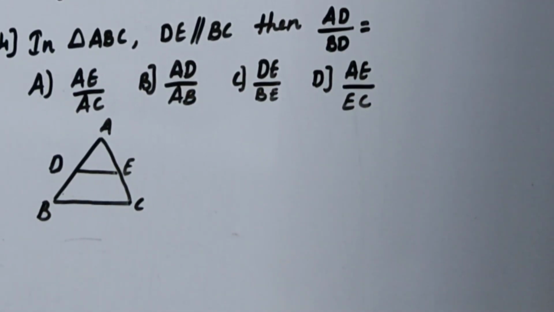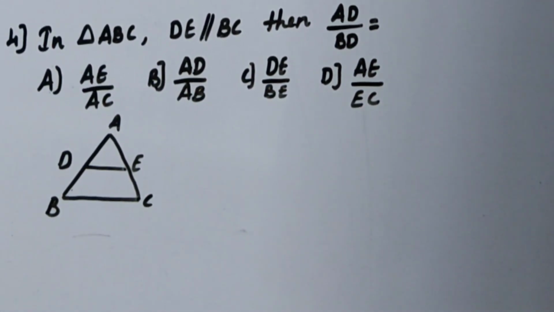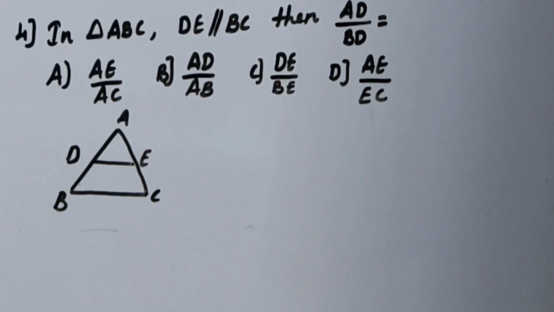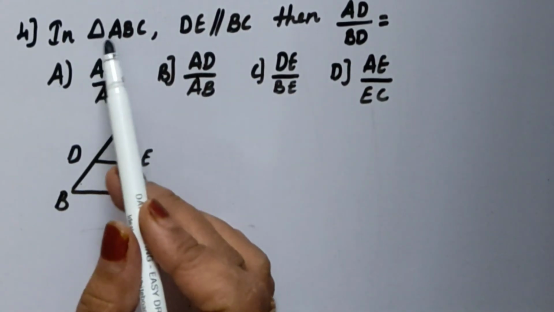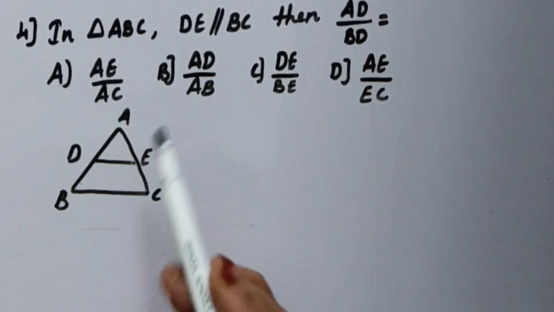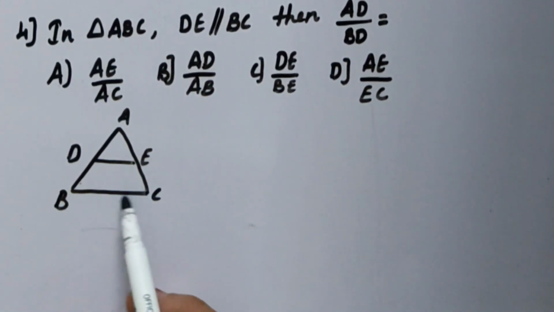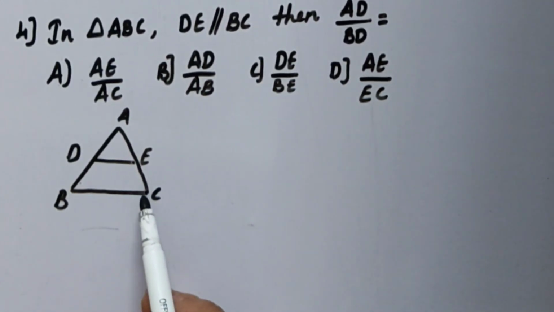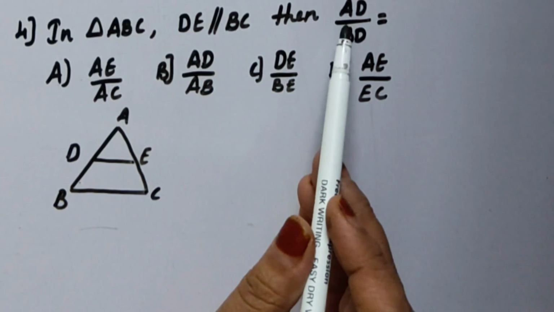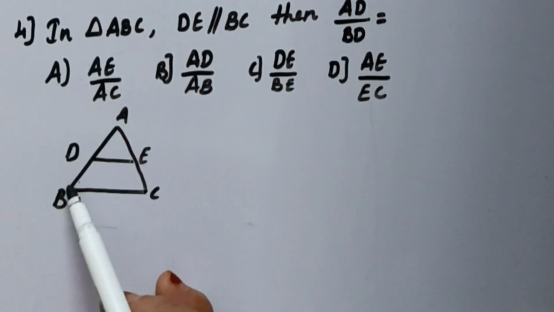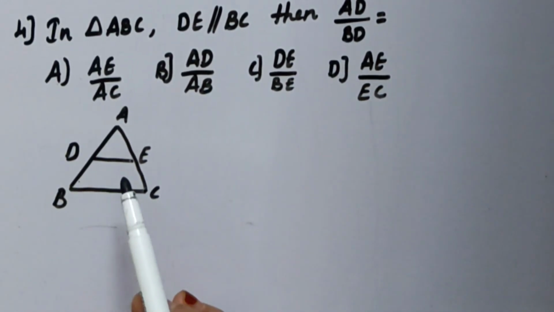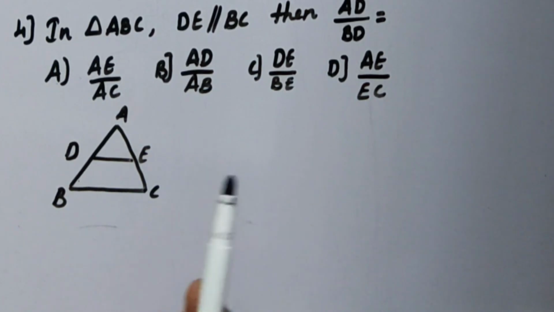Now here, students, you can see we have got the question, that is in triangle ABC. This is a triangle ABC where DE is parallel to BC. Now we need to find out what AD by BD is. So let us apply the Thales theorem. What does the Thales theorem state?